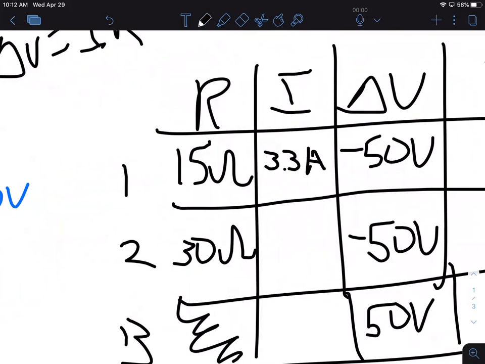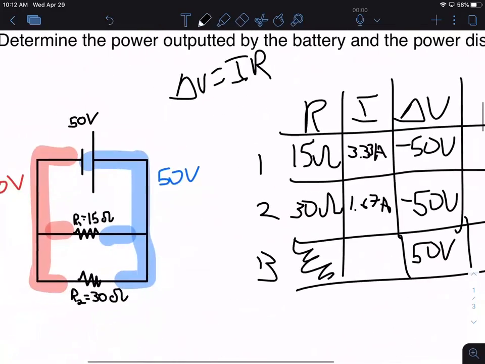We'll do another decimal here. 1.67, round it up. Amps. All right, so let's add that through this 15. I'm getting 3.33 amps. Through this 30, I'm getting 1.67 amps.